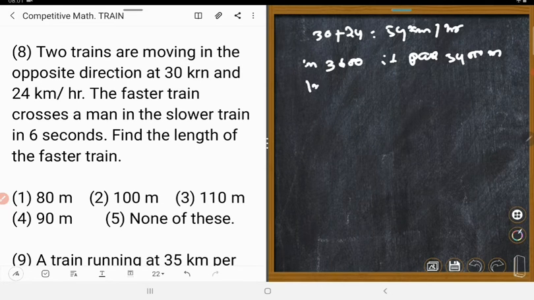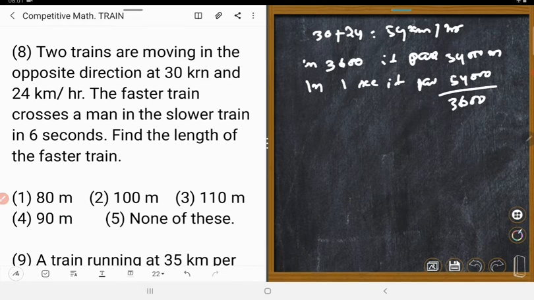In 1 second it will pass 54,000 upon 3600.